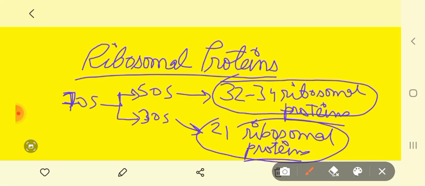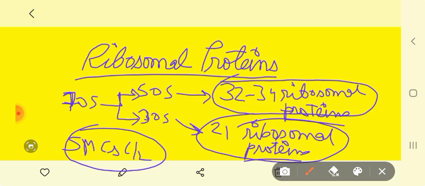When the small and the large ribosomal subunits are dissociated by centrifugation in a gradient of 5 molar cesium chloride, many other proteins have been observed as well, which show their relative density and relative sedimentation rate after a particular sedimentation time.